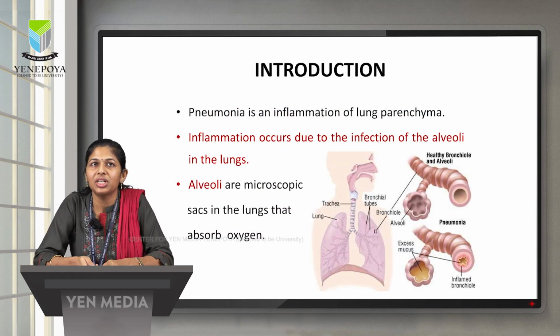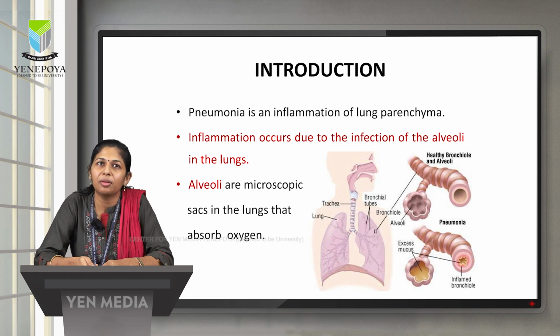Coming to the introduction, what is pneumonia? Pneumonia is an inflammation of the lung parenchyma. This inflammation occurs due to the infection of alveoli in the lungs. What do you mean by alveoli? Alveoli are tiny microscopic sacs in the lungs that absorb oxygen. Here in this picture, you can see the alveoli.